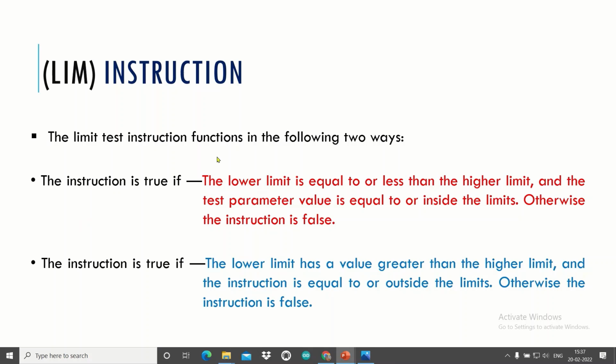Now you see, the limit test instruction actually has a dual way of functioning. I will be discussing one by one. You see here the instruction can be true if the lower limit is equal to or less than the higher limit and the test parameter value is equal to or inside the limits.